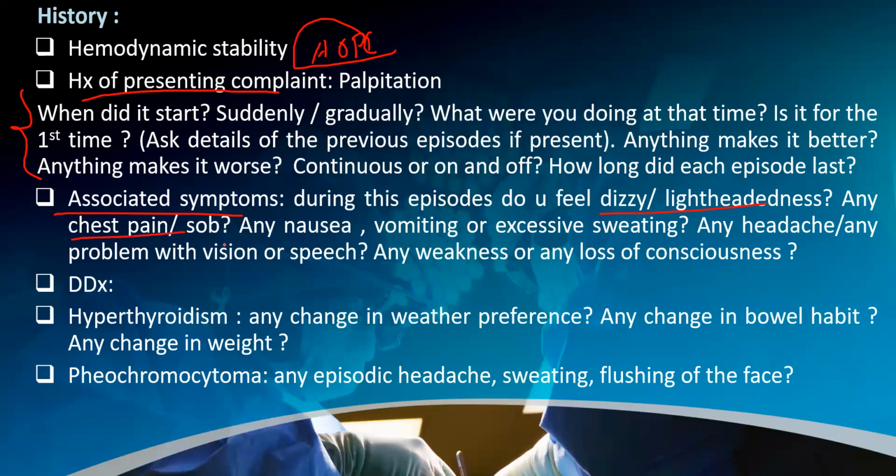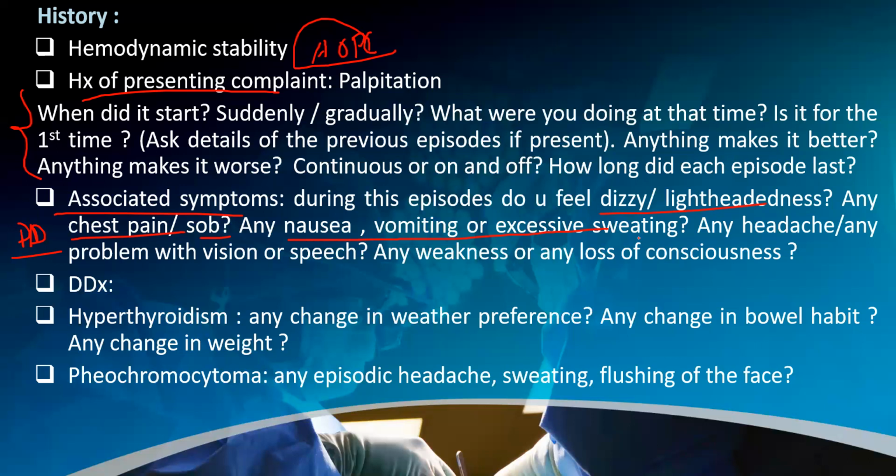Then try to rule out heart or CVS related conditions by this time. So you're actually starting your DD by this time. So ask about any chest pain, shortness of breath, any nausea, vomiting, or excess sweating. Nausea, vomiting, and excess sweating are for MI or ischemic heart disease. And you are also asking about chest pain and shortness of breath. So what you are doing is trying to rule out CVS differential diagnosis.